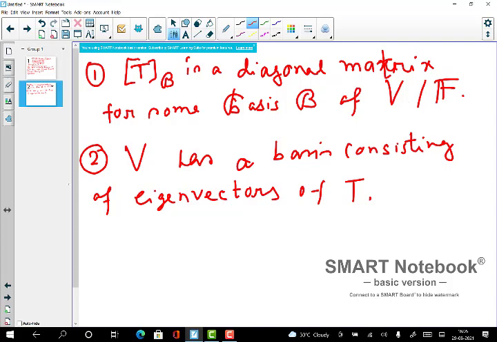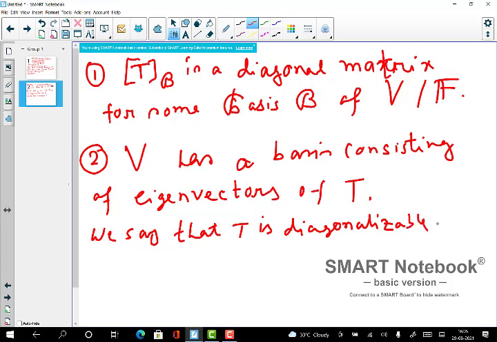In any of these cases, we say that T is diagonalizable, if either one or two happens.